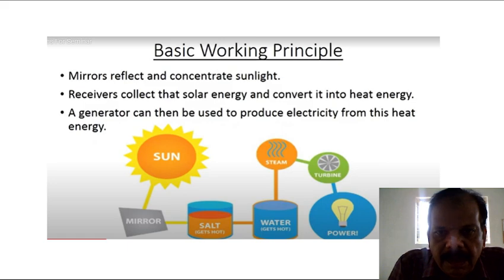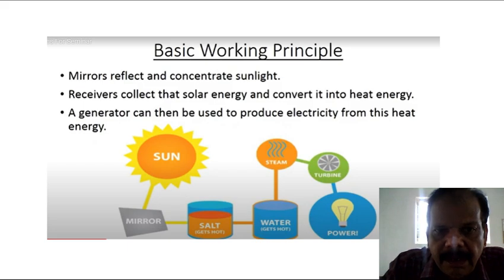This steam will be used to run the turbines, and the turbine will be coupled to the generators, which will generate the electricity. So this is the basic principle of how electrical energy is generated using the sun's solar radiation, right?